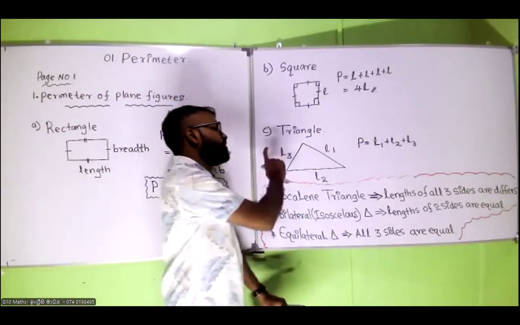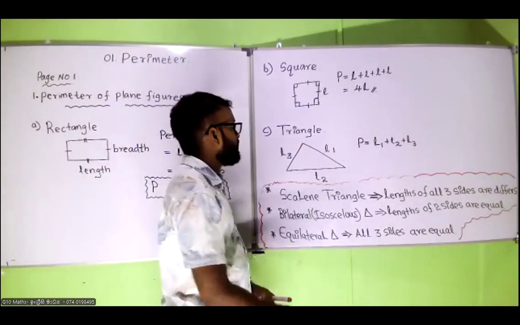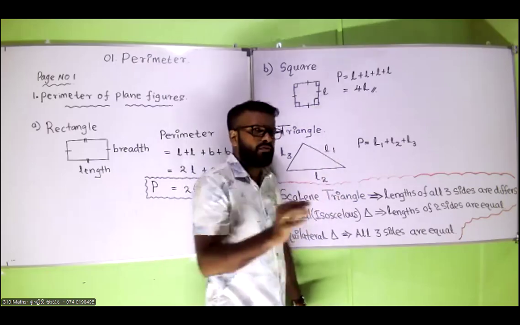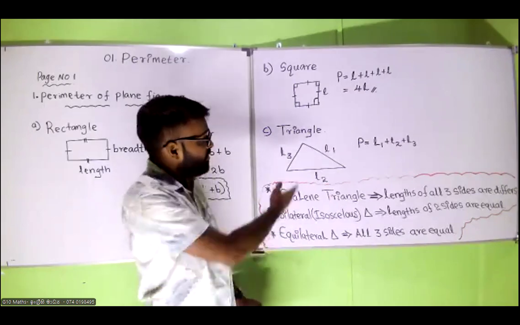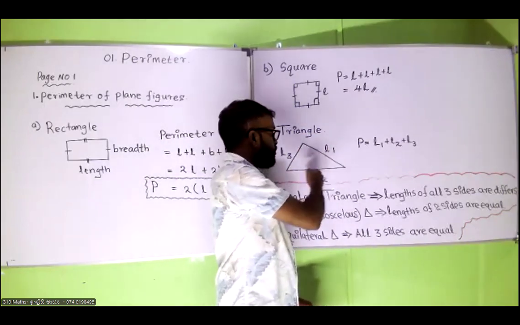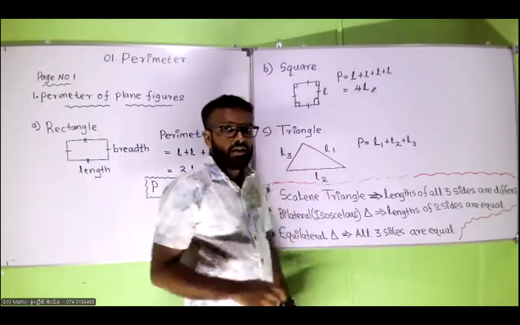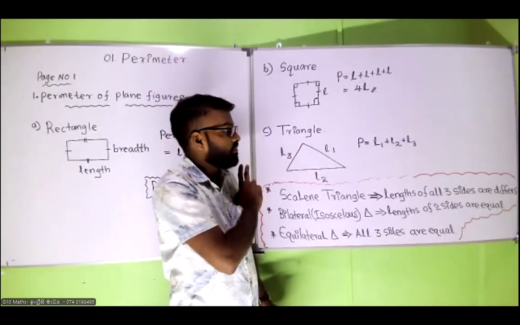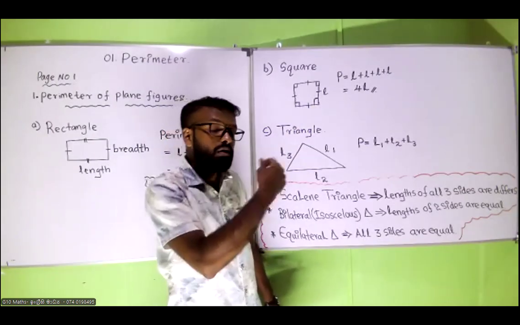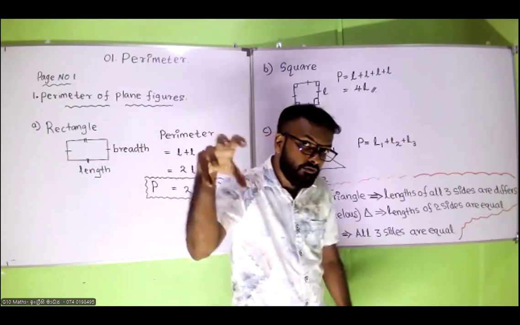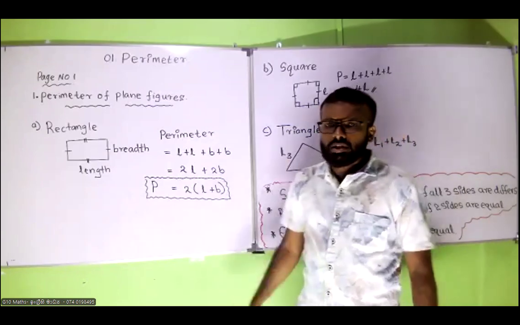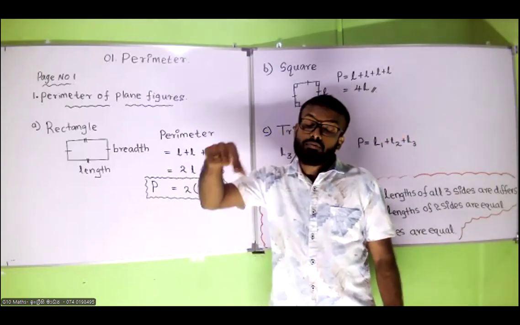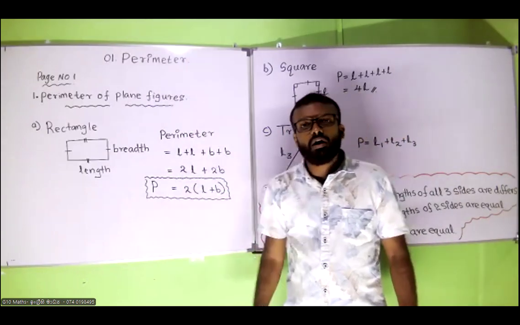So, the thing that you need to understand is, if you have these kinds of small plane figures, you need to add all the outside lengths in order to obtain the total perimeter of that plane figure. And normally these are polygons. What if you have a circle?